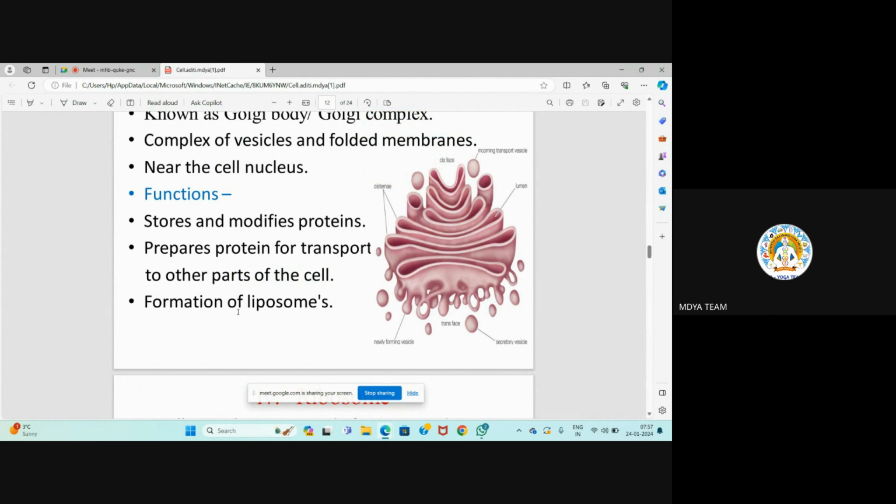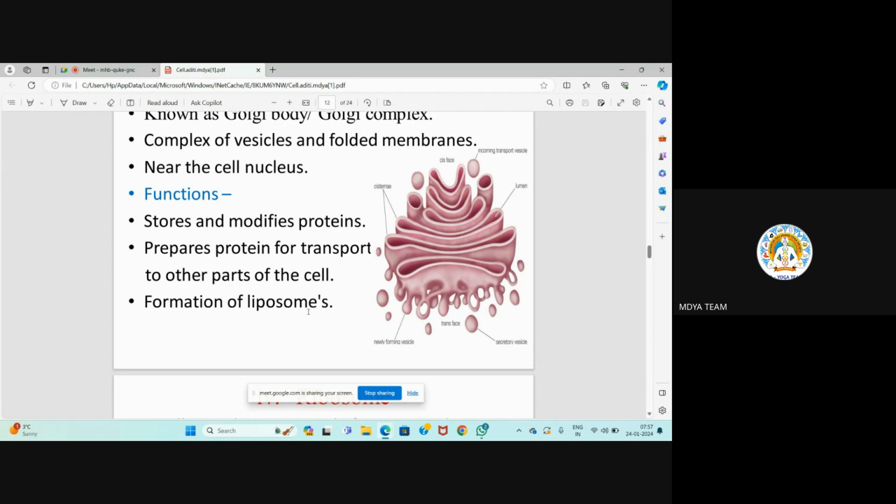So it forms the liposomes too. And liposomes are spherical sac-like structures made up of phospholipids.